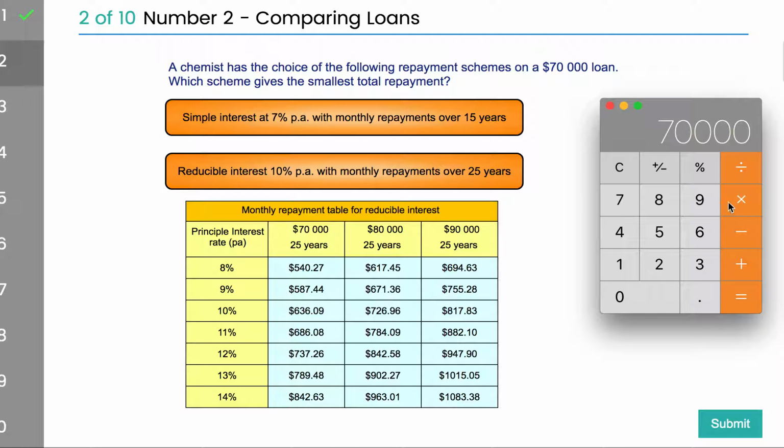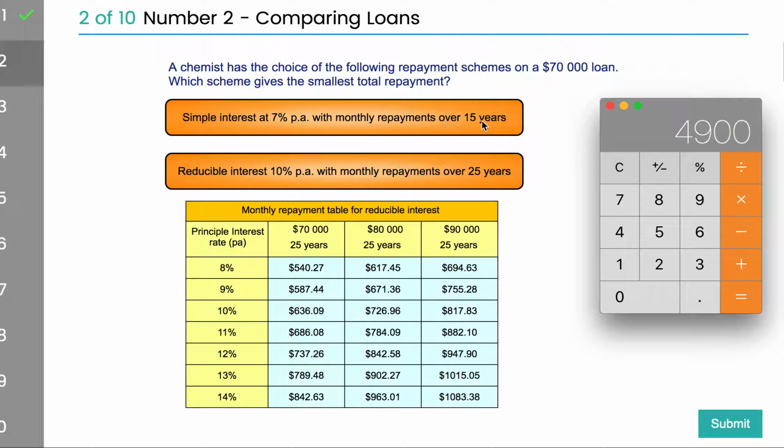Well, 7% is times 0.07. Again, it's 0.07 because a whole one is 100% of something. If you've got 0.5, you'd have 50% of something. If you've got 0.1, it would be 10%, and we want 7%, so it's 0.07. Okay, and that tells us, if we press equals, how much we pay every year of the loan. We're going to pay 4,900 every year.